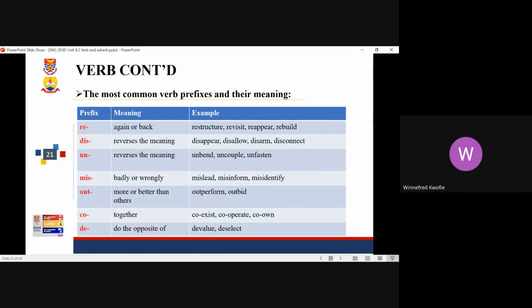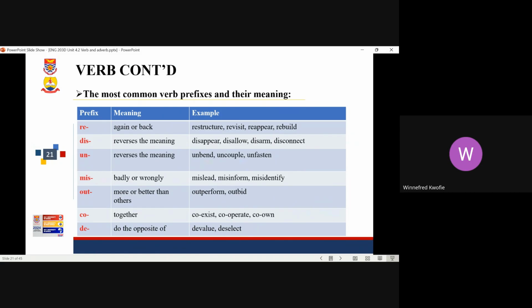So why I even mentioned the slides, I was saying that when I give you these slides, then you take your time to study the table, the verb prefixes that we use in forming verbs and what they mean.